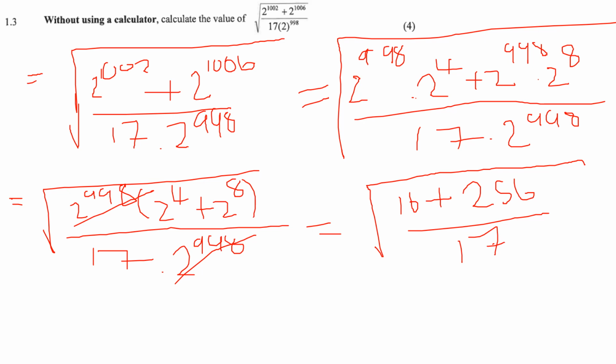So basically what you will do, you will just add what is at the top here, 16 plus 256, and that is going to give you 272 divided by 17. And then now 272 divided by 17 is going to give you how much?